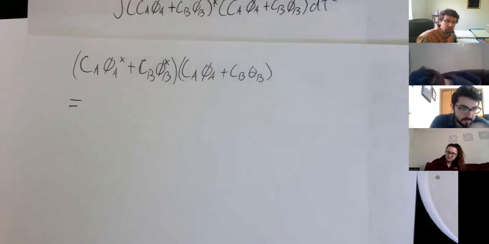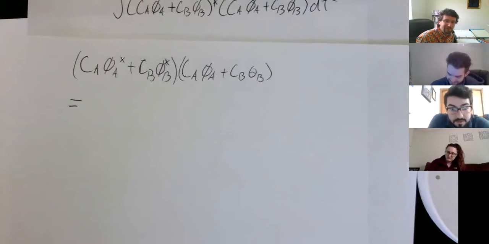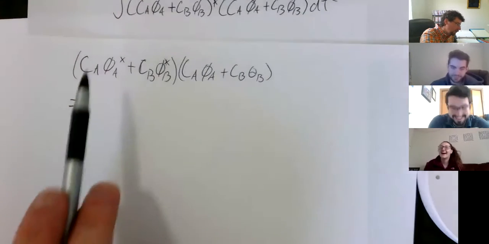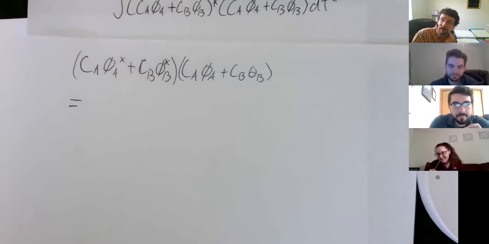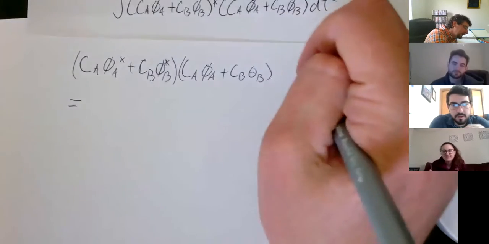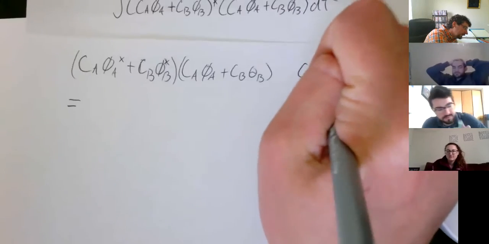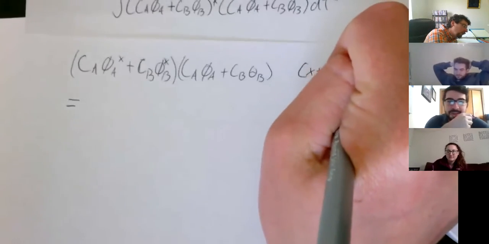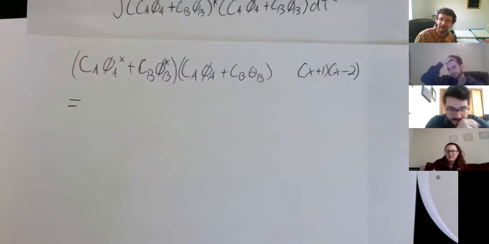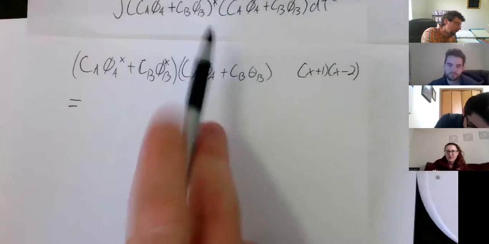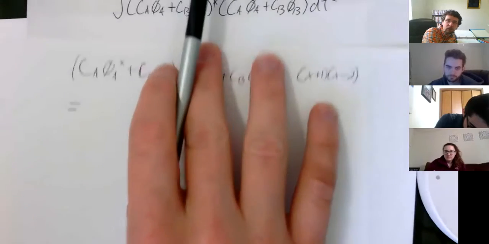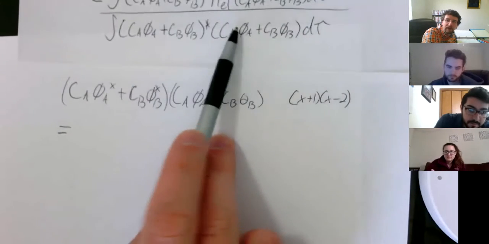Just like foiling, we're multiplying out this bottom part together. Wait, where did that come from? We'll talk about where that comes from in a second. All right, sounds good.